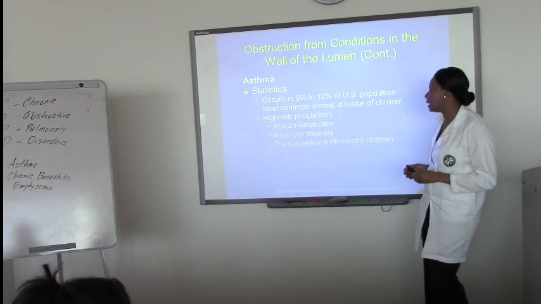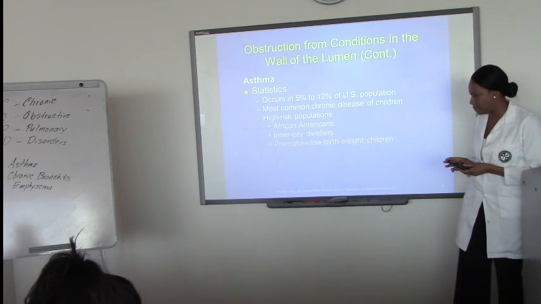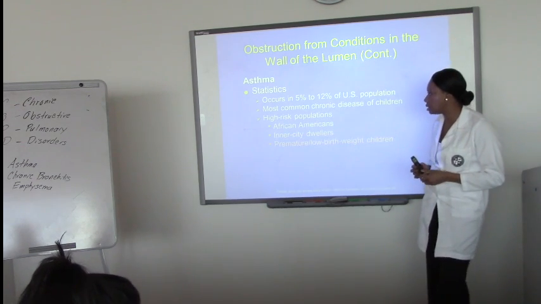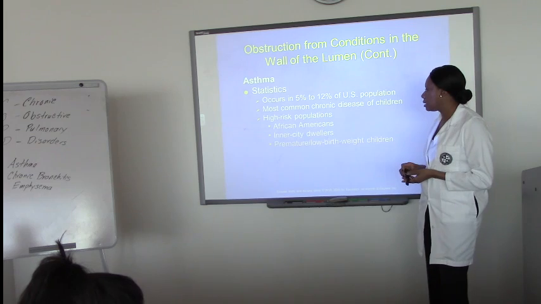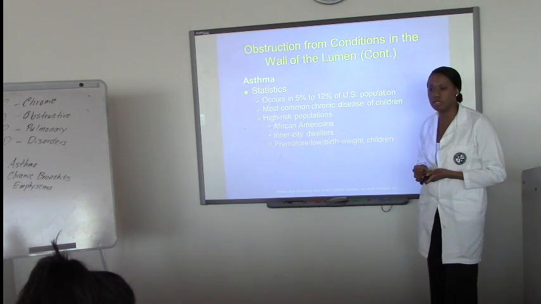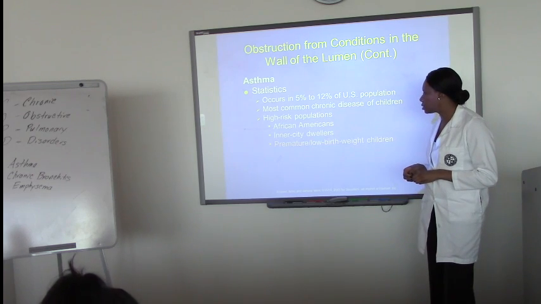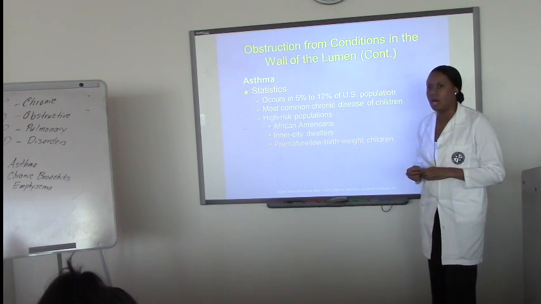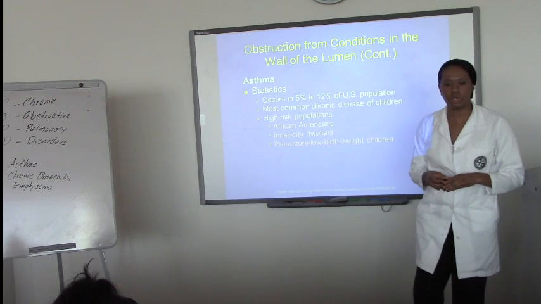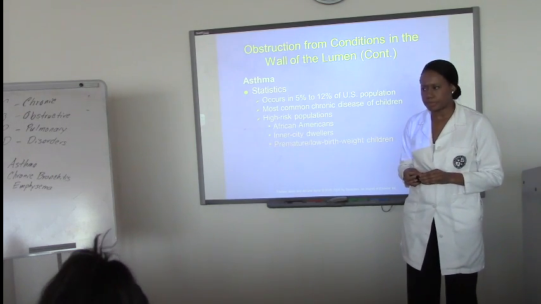Now, they give you some stats here. It occurs in 5% to 12% of the U.S. population. This is the most common chronic childhood disorder. Please make sure you know that. And they also give the high-risk population. What happens here with children with asthma?